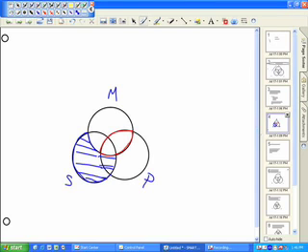And remember, some M means that there exists at least one M that is also a P. But is that M that is also P an S, or is it not an S? We don't know. So what we do is we put the X on the line bisecting the football. Okay? So whenever you have an empty space that's bisected by a line, and you have to put an X, put the X on the line.